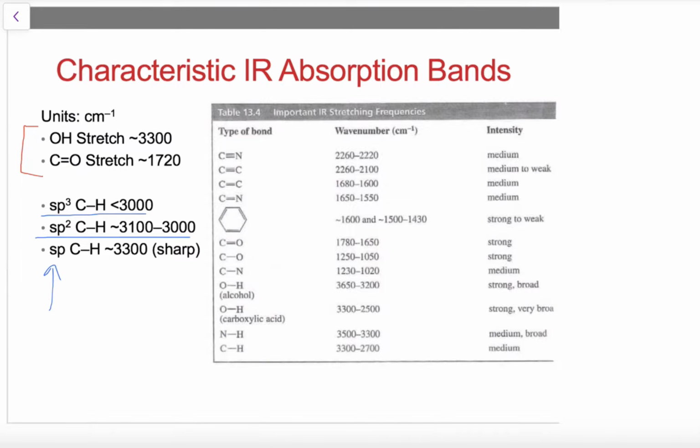And then our sp carbon-hydrogens will have a sharp peak around 3300. Again, this table is very, very useful. You will use it to help you identify the functional groups of compounds when we look at the IR spectrum.